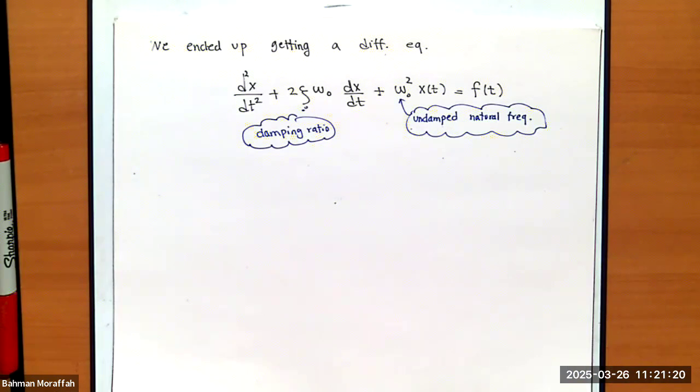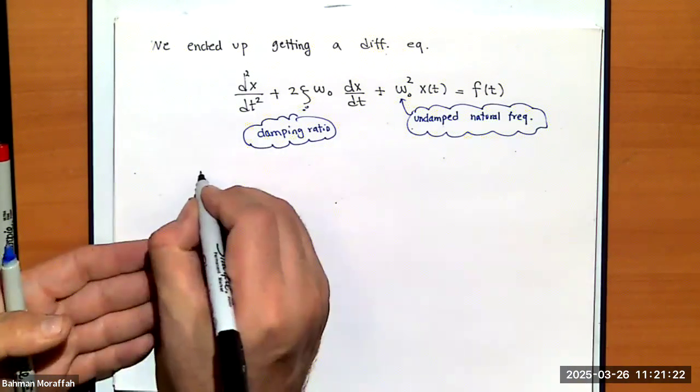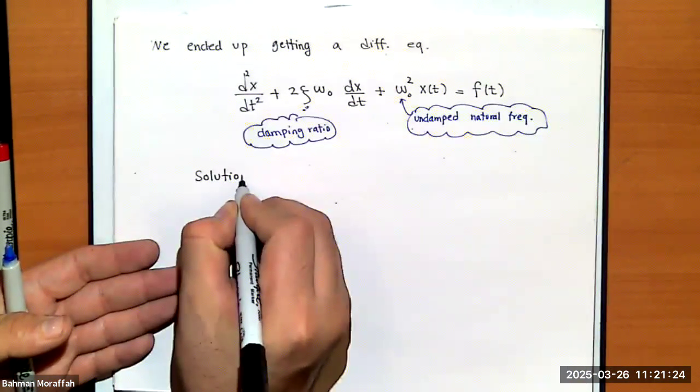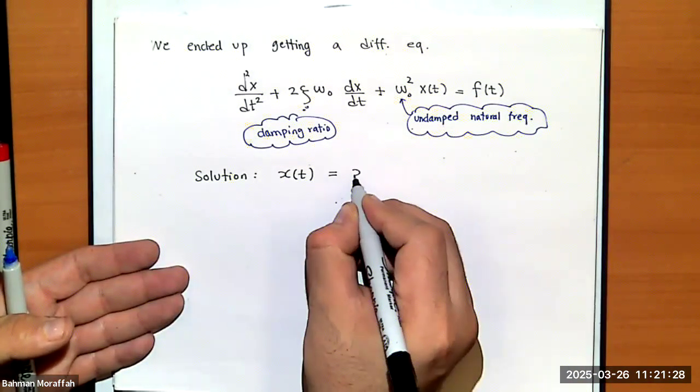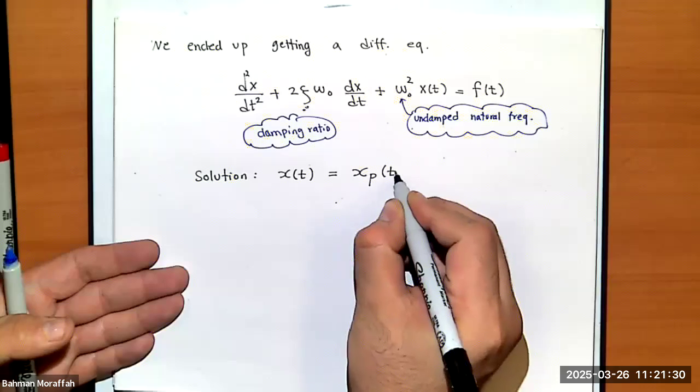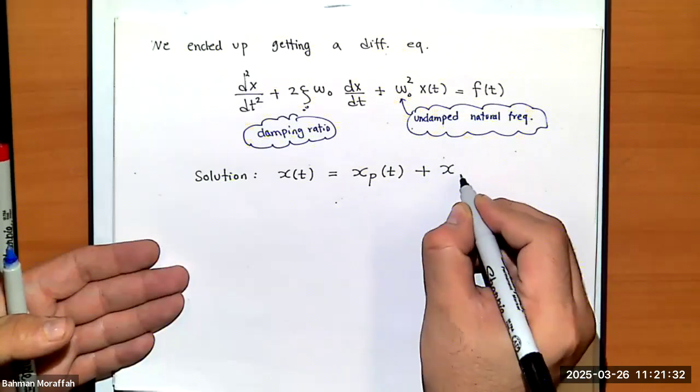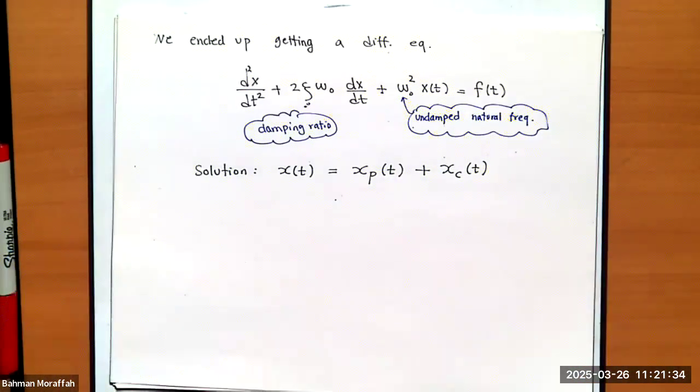We said the solution for this differential equation is x of t, which has two parts: the particular solution plus the complementary solution. The particular solution is due to the f of t, and the complementary solution was due to the homogeneous differential equation, right?